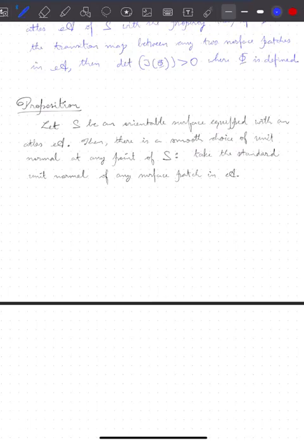So based on this, we note this down that an oriented surface is a surface S together with a smooth choice of unit normal n at each point.